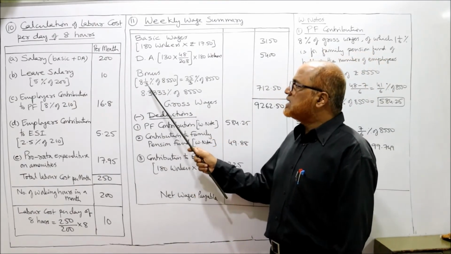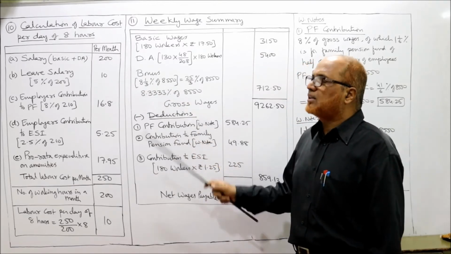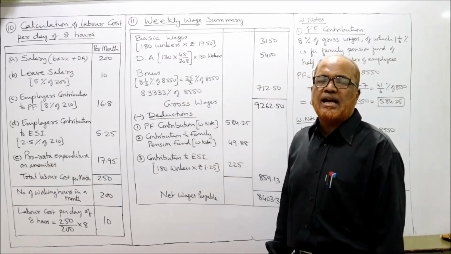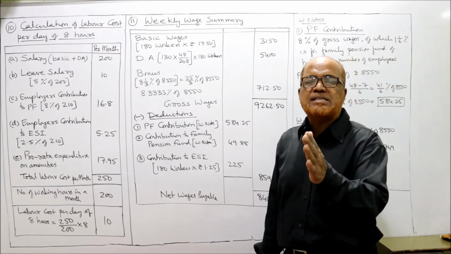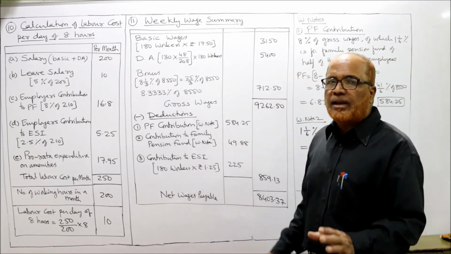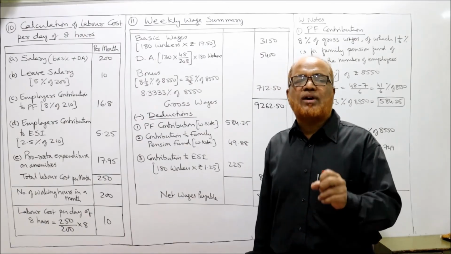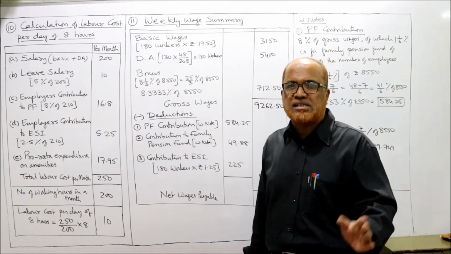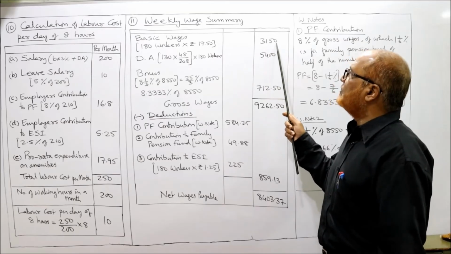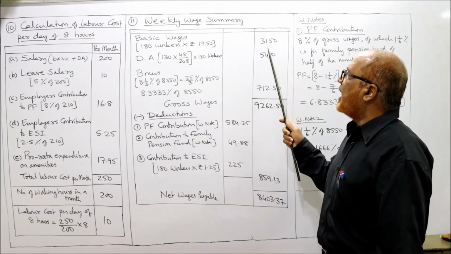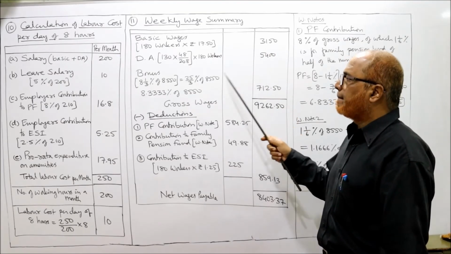Bonus. Bonus is 8 1/3% of 8,550. What is this 8,550? Basic plus DA. Normally, the contribution to Provident Fund or Employee State Insurance Fund is on both the basic as well as DA. So basic 3,150, DA 5,400. Add up, 8,550.